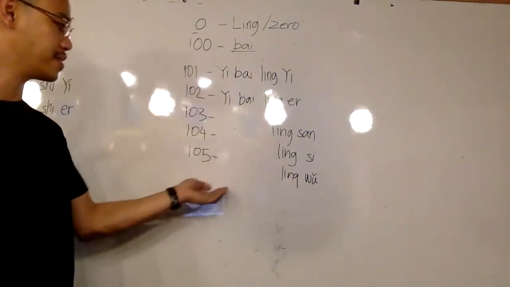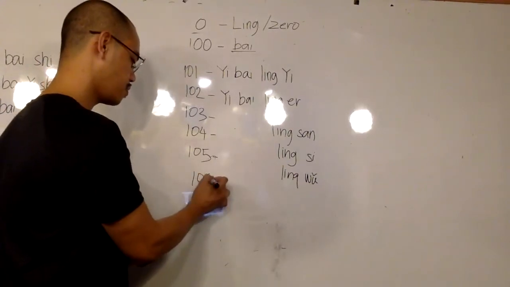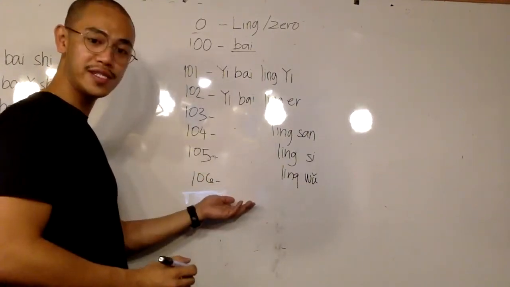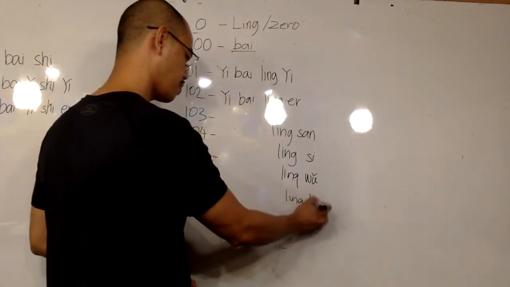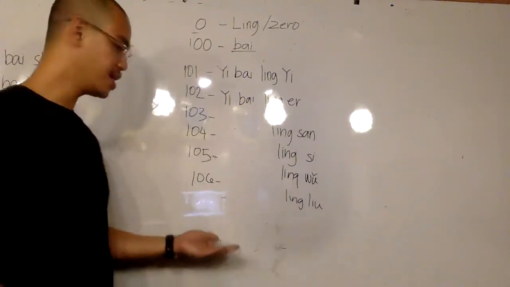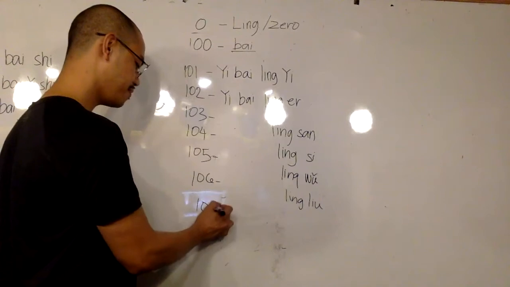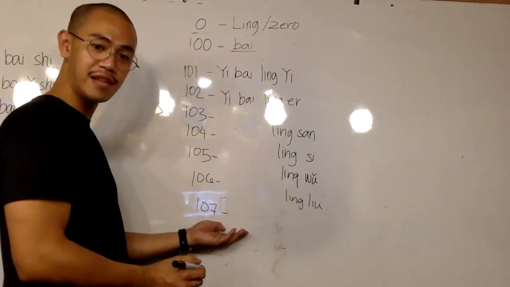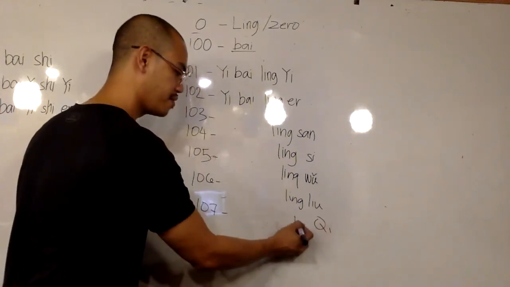Okay, let's continue our counting. How about 106? Yi bai ling liu. 107. What is 7 in Mandarin again? Qi.